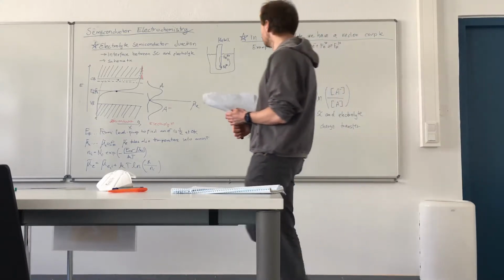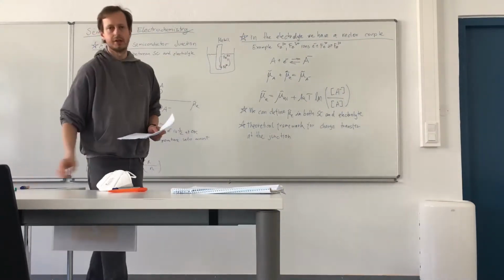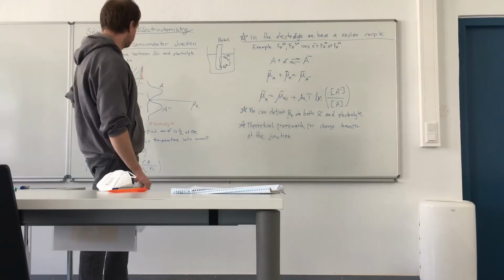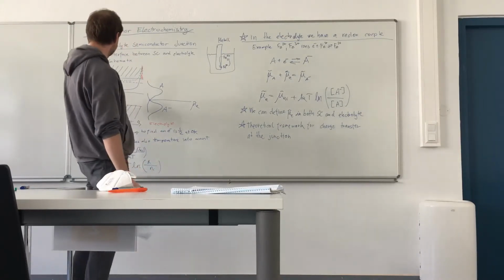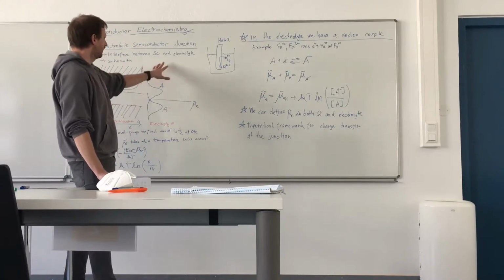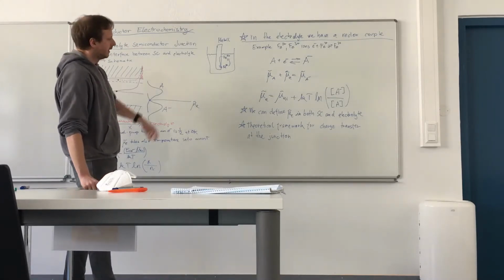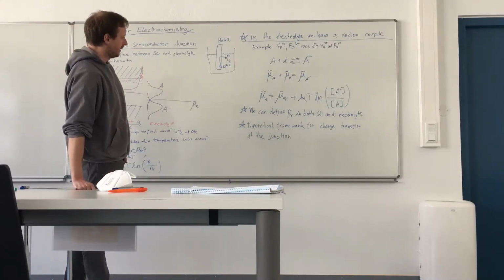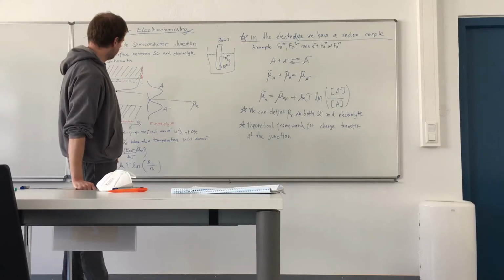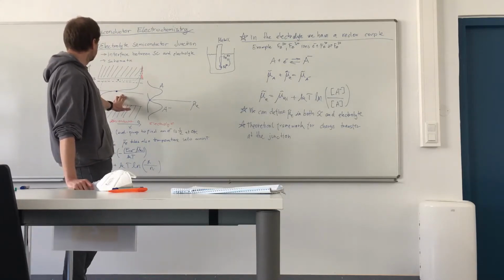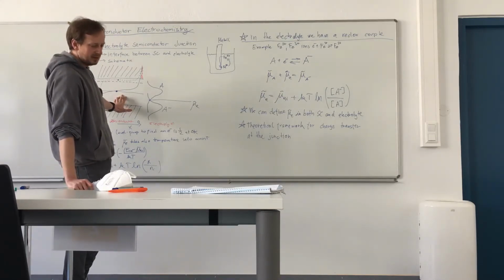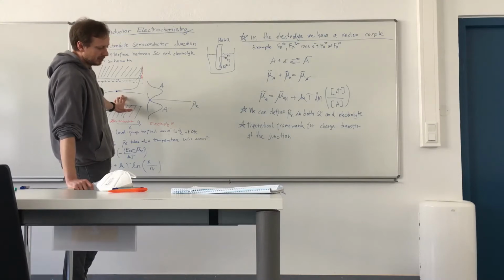However, in the next sub-lecture we will treat the current voltage characteristic when we bring the semiconductor and the electrolyte together. And from this lecture, the main thing to remember is that in the semiconductor you can identify the Fermi level and the electrochemical potential of the electron.